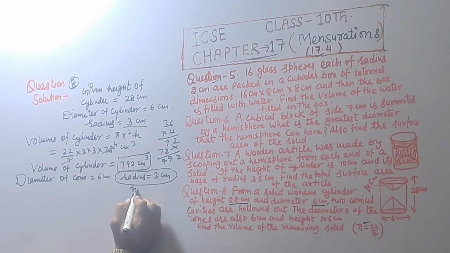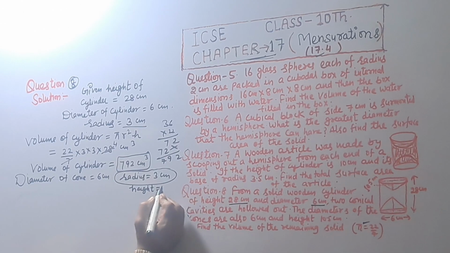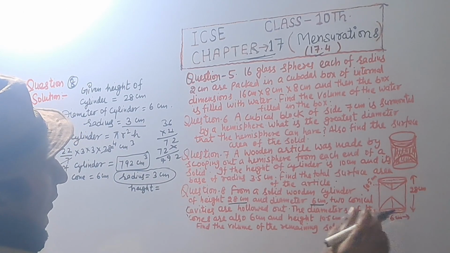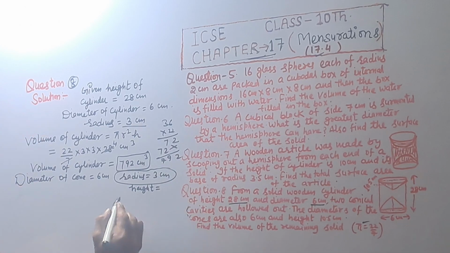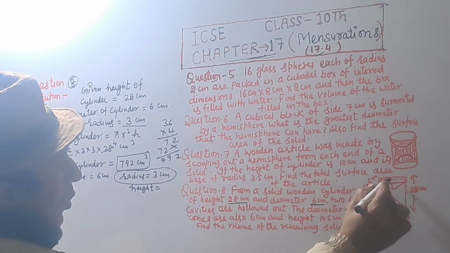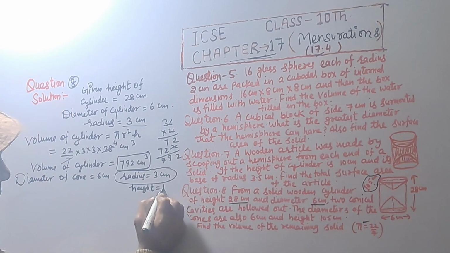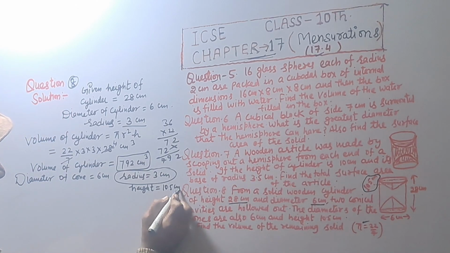And height of cone equal to 10.5. Height of cone, that is equal to 10.5 centimeter.